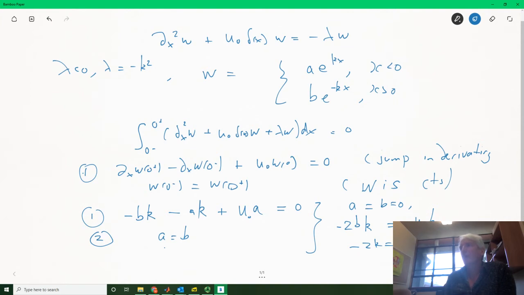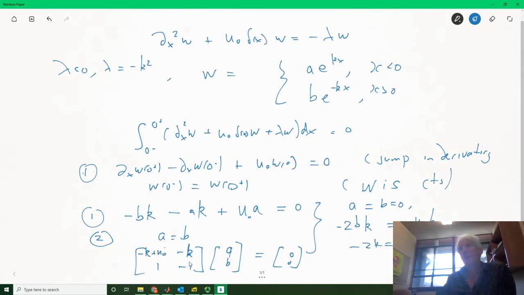Effectively we're looking for the determinant of this matrix to be equal to 0, because if we write that as a matrix equation, you've got one, minus 1, and over here minus k, and here you've got minus k plus u naught.